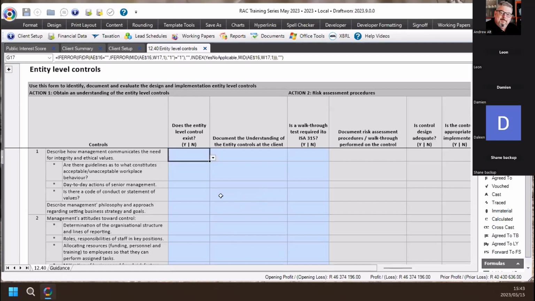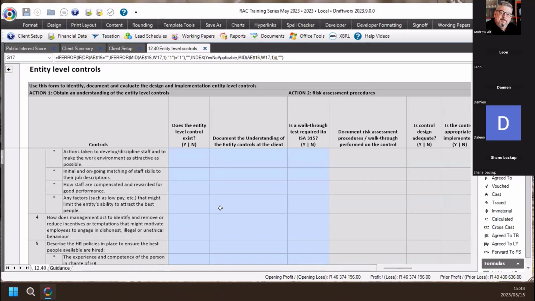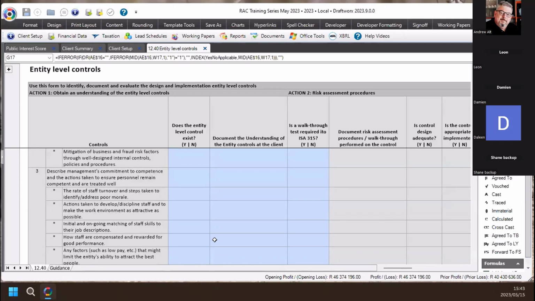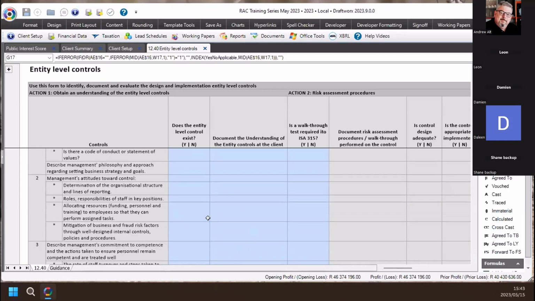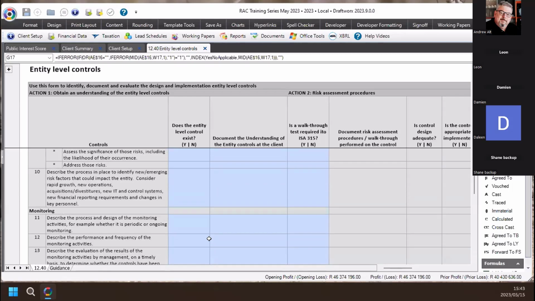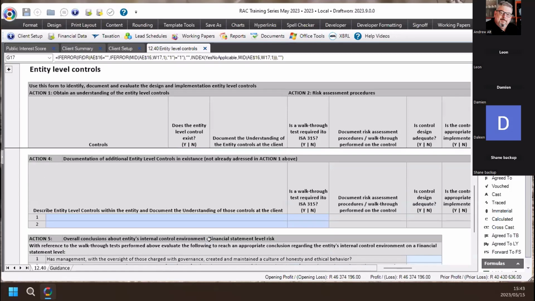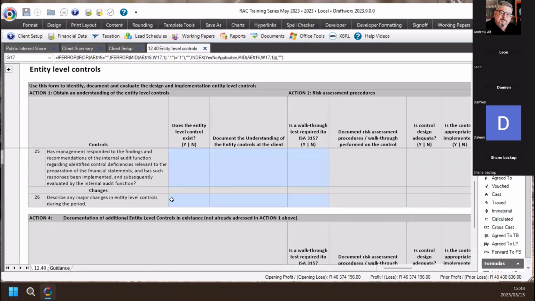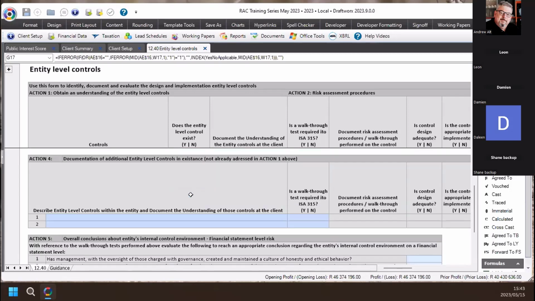But if this is the ultimate goal, that we're wanting to say that there's a good control environment, we want to work backwards from there and say, well, what do we need to document to prove that there is a good control environment? And for a small, non-complex entity, it's not about documenting 26 controls. It's about documenting what is required to support the conclusion that we're wanting to get to.